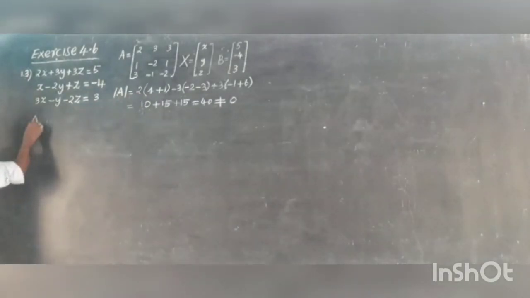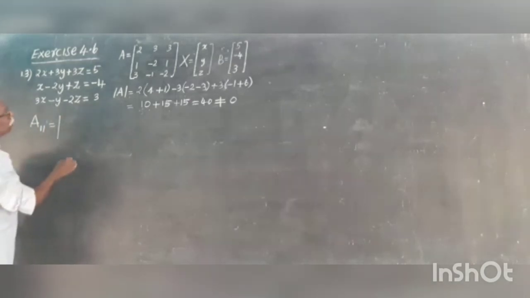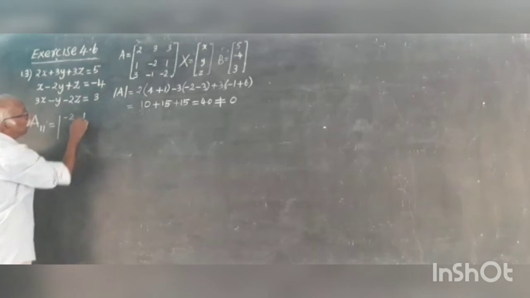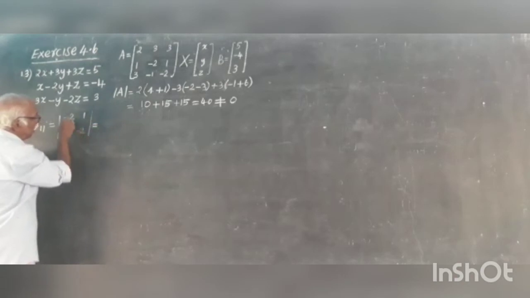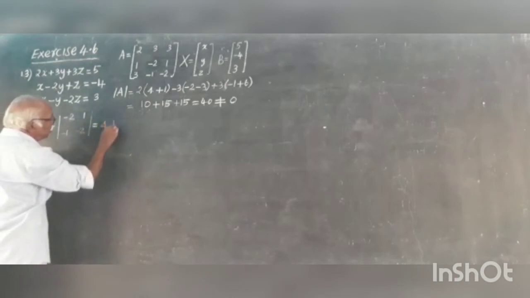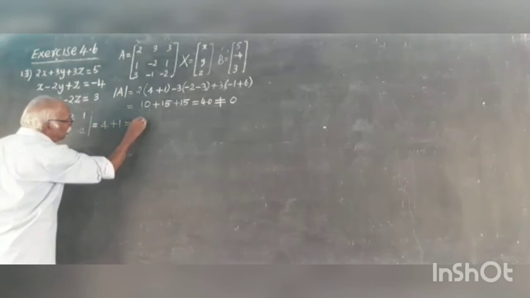A11, minus 2, 1, minus 1, minus 2. Minus 2 plus 4 plus 1 equal to 5.